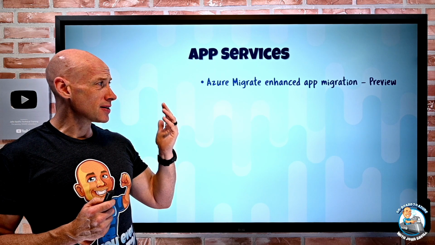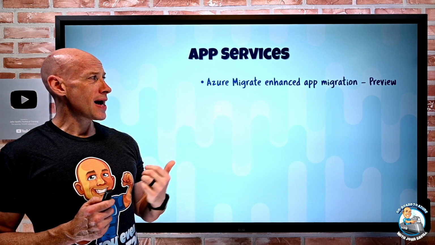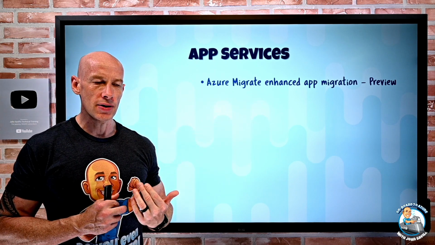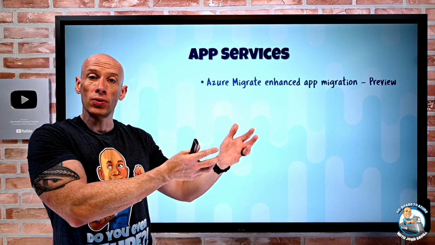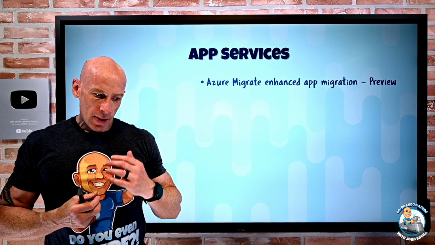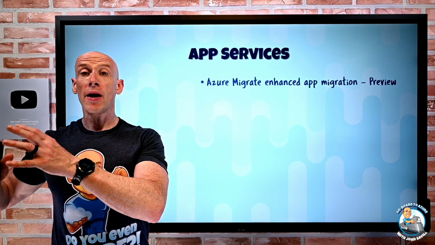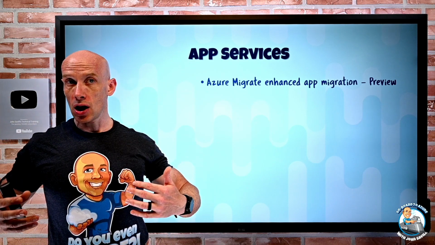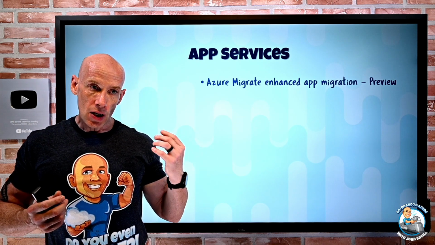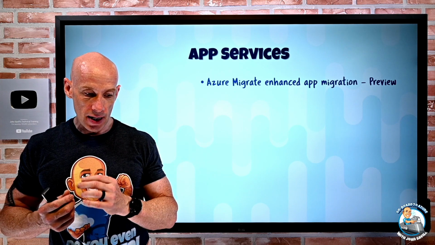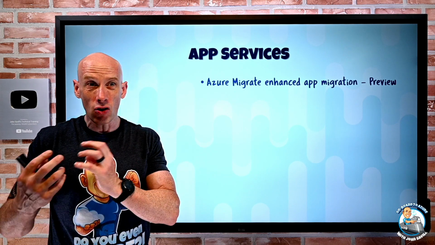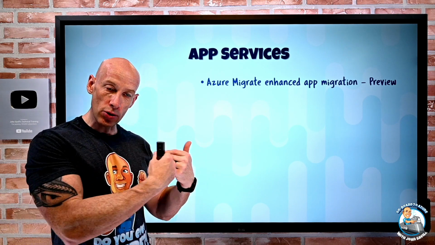Azure App Service. So Azure Migrate now has this enhanced app migration. This is all about the idea of taking my existing app and moving it into an App Service. So now there's better facilities for bulk migrations to Azure App Service, to AKS. So it can discover and assess ASP.NET applications and give me guided configurations to move those to Azure App Services.